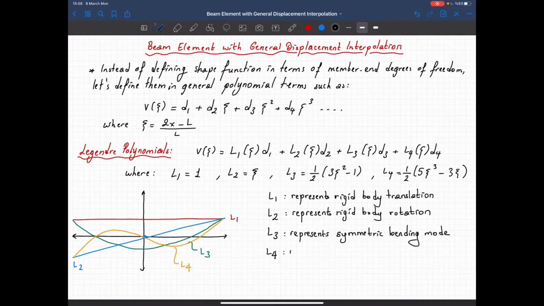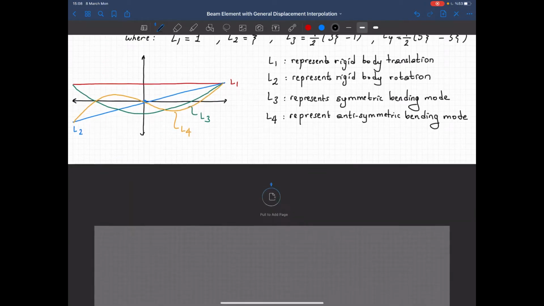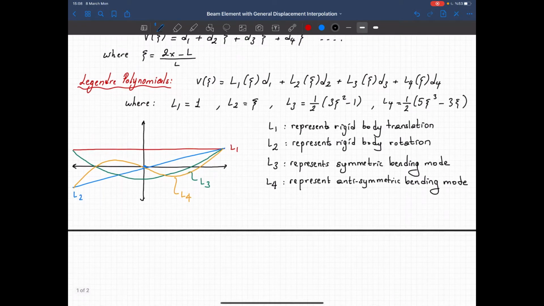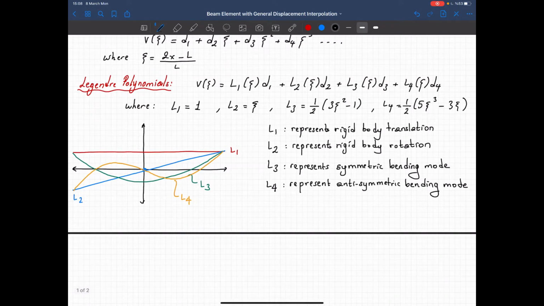And L4 represents anti-symmetric bending mode. So that's my interpolation function.